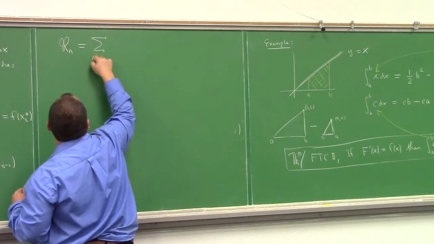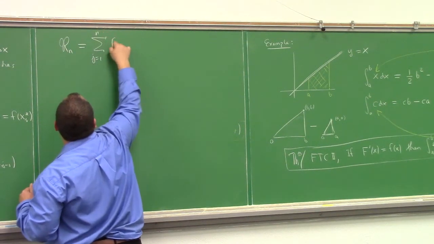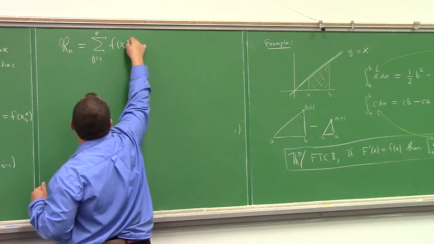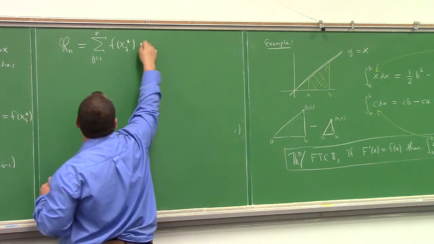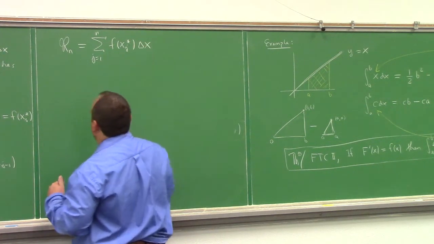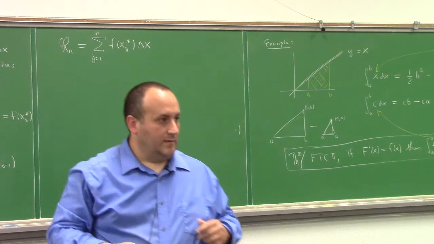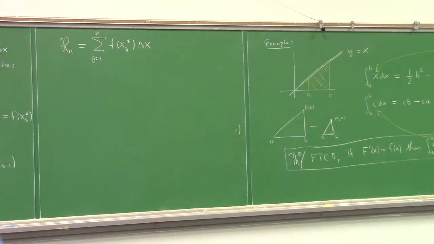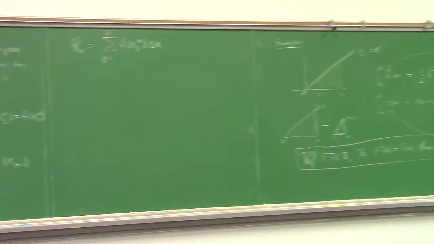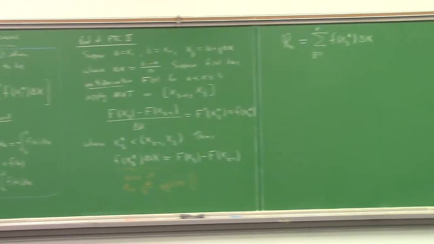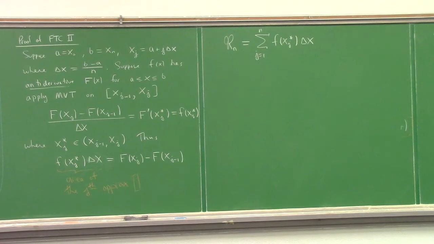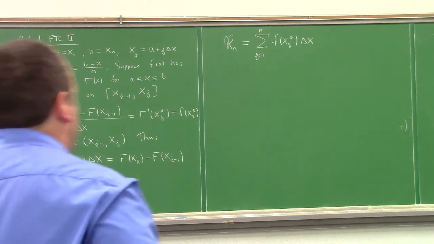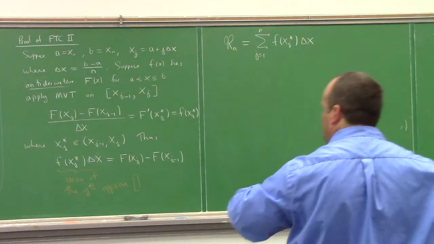So the sum from j equals 1 to n of f of x sub j star. I'm going to use the points given by the mean value theorem to select the sample points of the Riemann sum. And what is that? Well, we can write that more explicitly, right? I forgot to pan over to that. My bad.